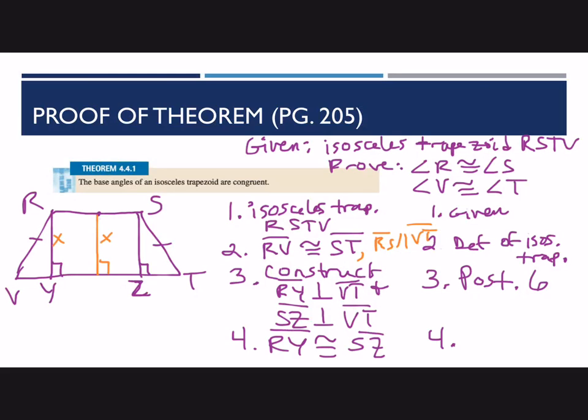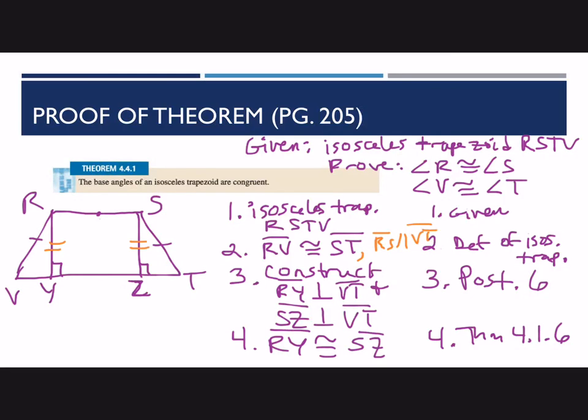Okay, so all of these would be the same length. All right, and that theorem is 4.1.6. Okay, so those are congruent.